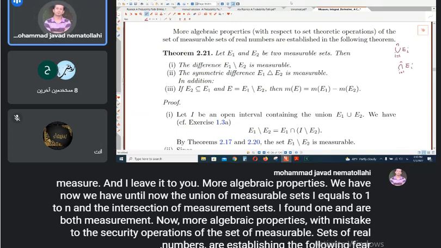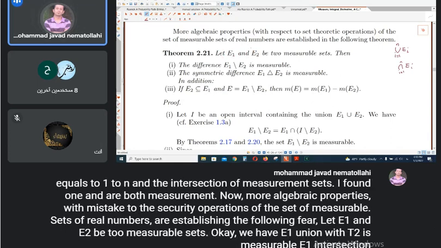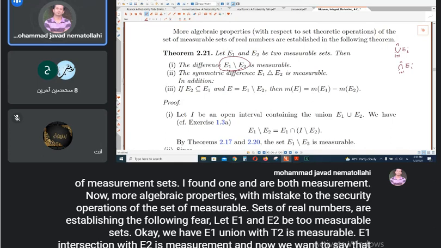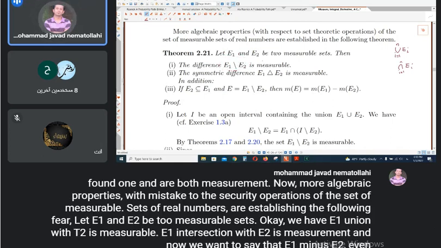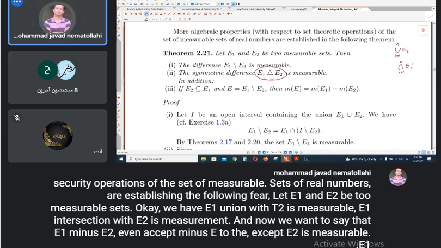Let E1 and E2 be two measurable sets. Okay, we have E1 union E2 is measurable. E1 intersection E2 is measurable. And now we want to say that E1 minus E2 is measurable. E1 symmetric difference E2 is measurable.